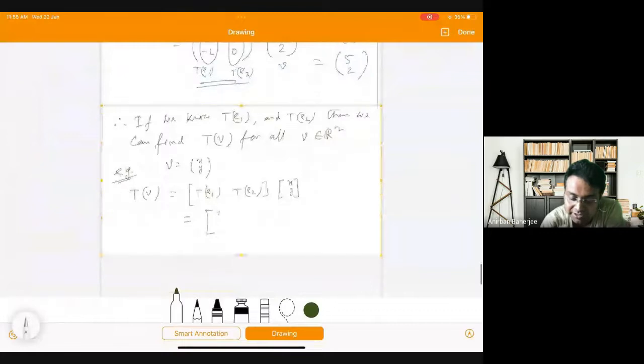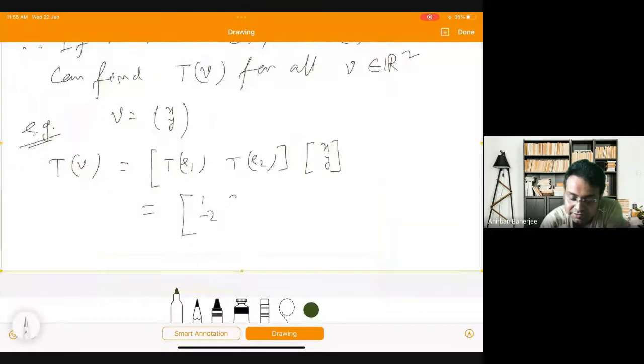Multiplying with X and Y gives us X plus 3Y and minus 2X.